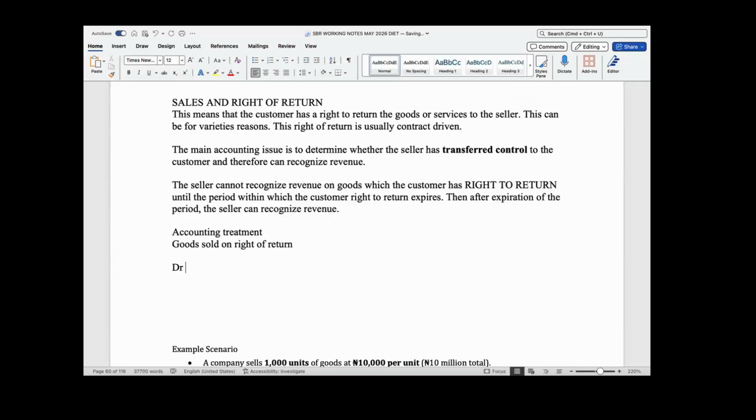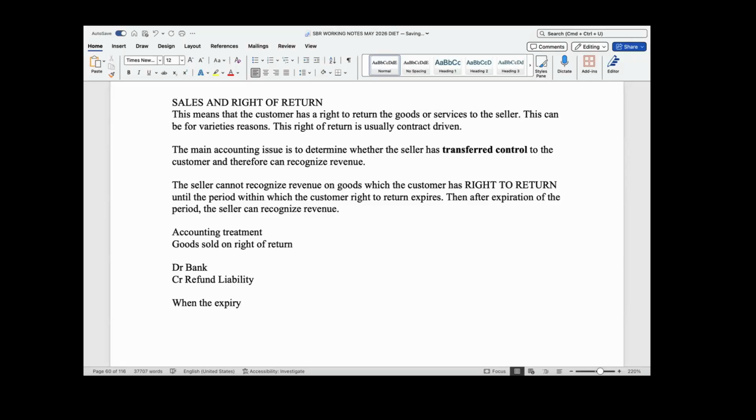That means the money is still a liability to you. Correct. Perfectly correct. We actually call it refund liability. So credit your refund liability. Now, if the expiry date is due and you are now certain that the customer cannot return the goods any longer, you credit your revenue account, then you debit your refund liability.